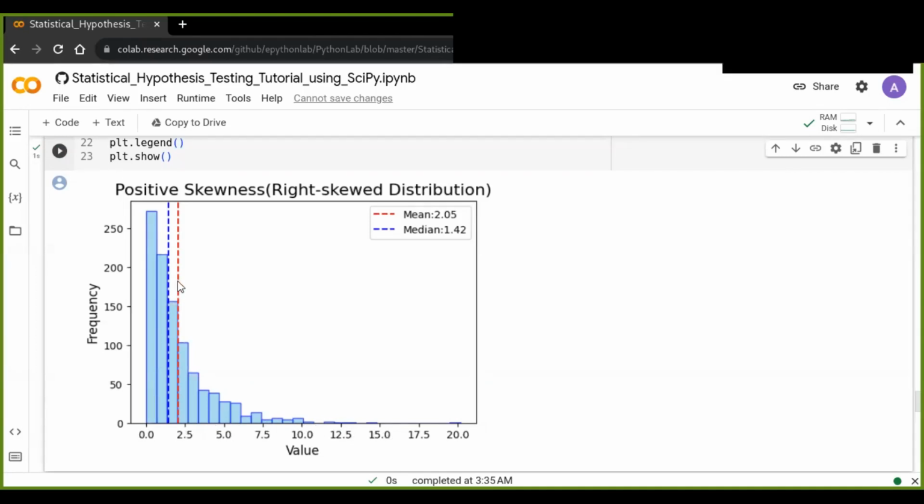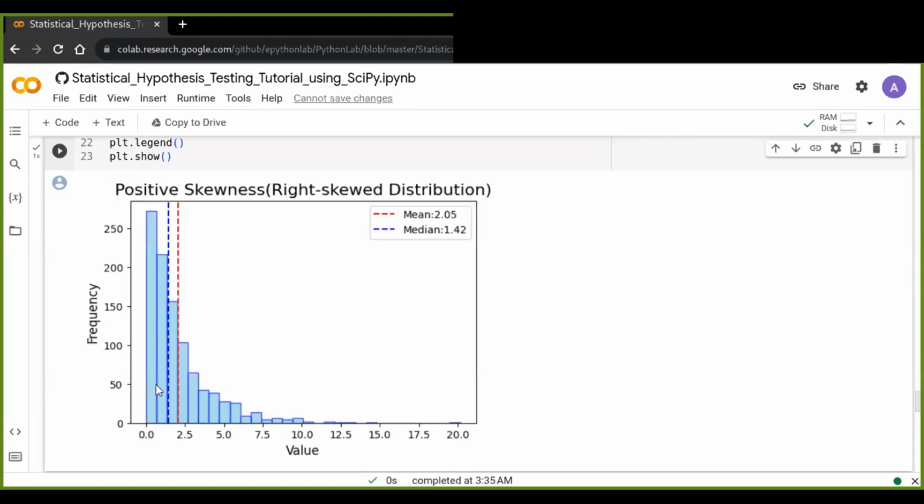So when you compare, the mean is here, for example. The right side of the mean is a longer tail, which means the data points with higher values are fewer, and it has a longer tail than the left side of the distribution.